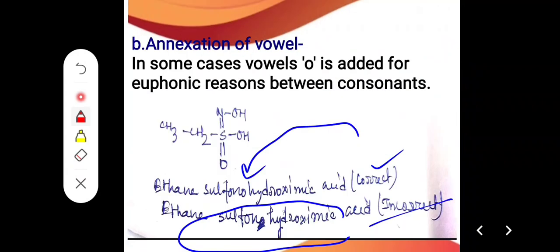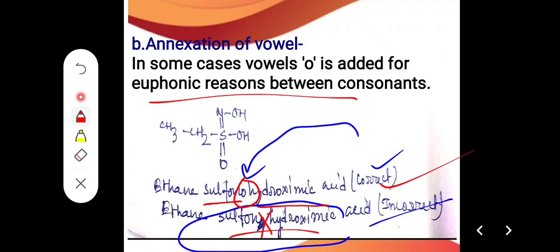Next one, annexation of vowels. In some cases, the vowel O is added for euphonic reasons. There should be sulfono; this O is added between sulfone and hydroxamic acid. This is the correct one, but here no O is there, so this is incorrect. It is used for euphonic reasons between consonants, such as N and H. In between two consonants, we use a vowel.